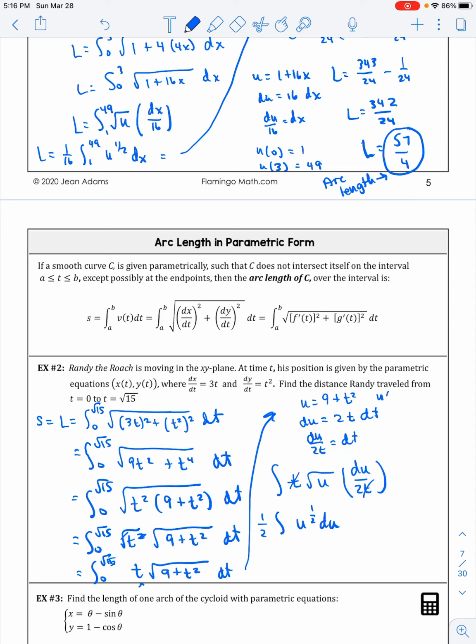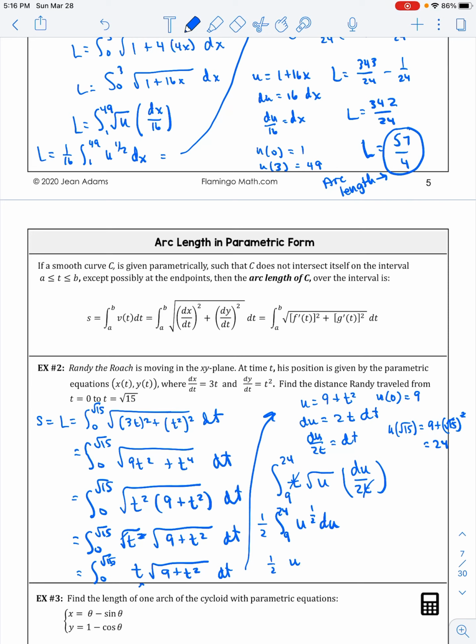And now that we have u's, let's go ahead and find our u of 0. That's going to be 9. And let's find our u of the square root of 15, which is going to be 9 plus the square root of 15 squared. So 9 plus 15 is 24. So that would be from 9 to 24.